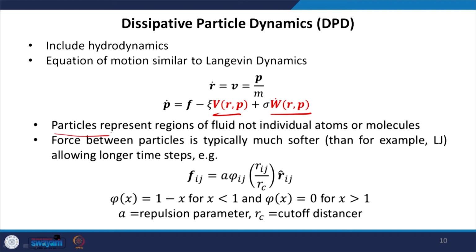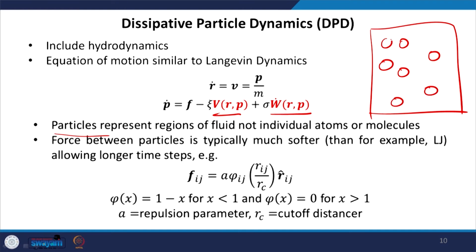In this case, the particles represent really the regions in the fluid, they may not be the individual atoms or molecules. So, what I mean in here, let us say for example, I am considering a fluid, I am not really meaning that these particles are the ones which are being tracked, but these are referring to spatial regions in the fluid that are moving together, some kind of collective motion of the entire region of fluid.